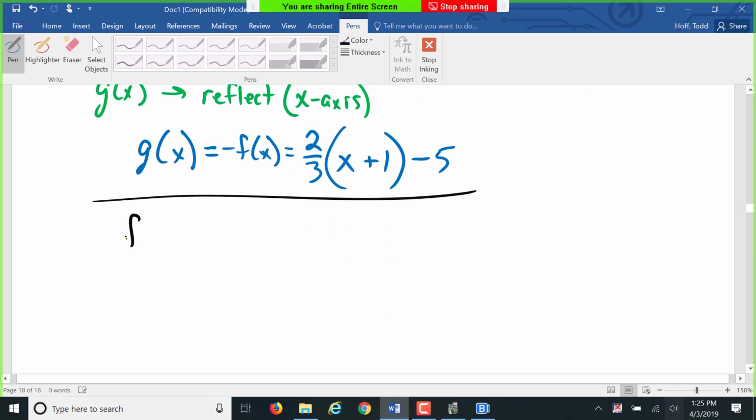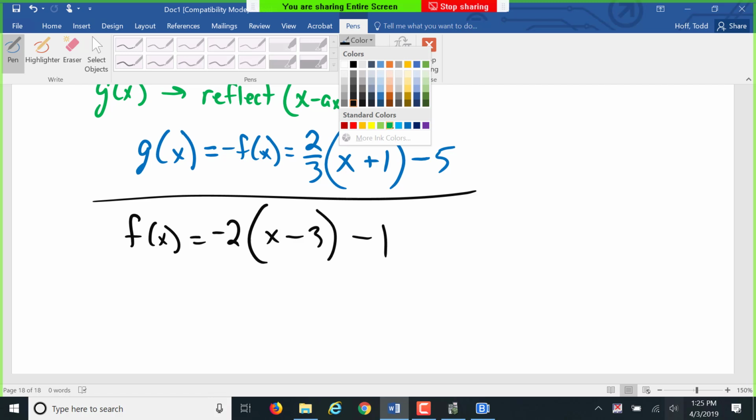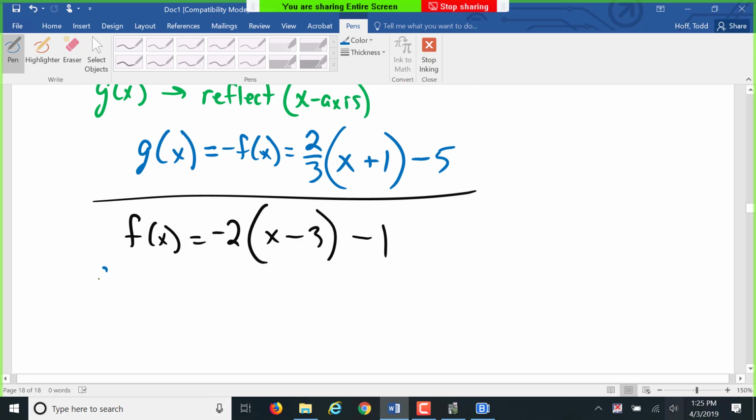So if we have f of x equals negative 2 times x minus 3, minus 1, find g of x in your notes, where g of x is the reflection about the x-axis.